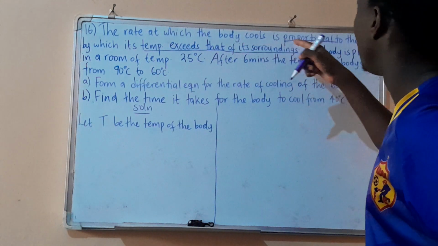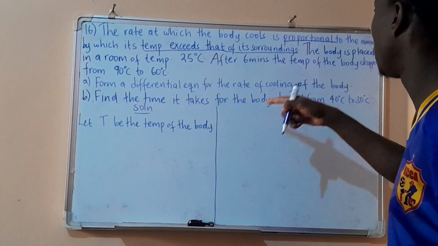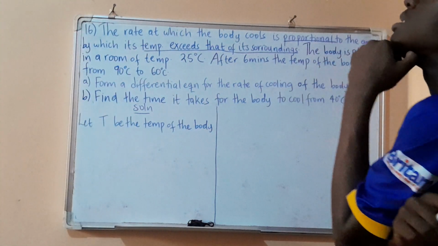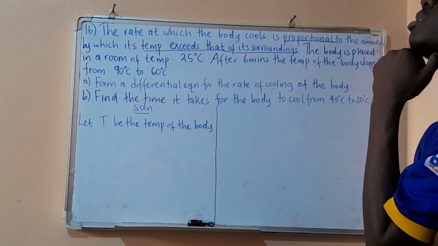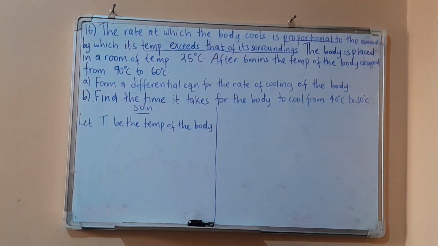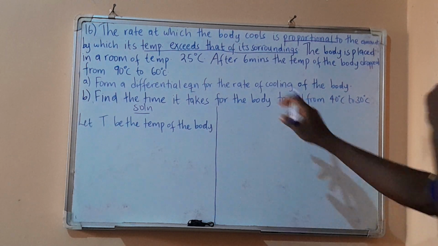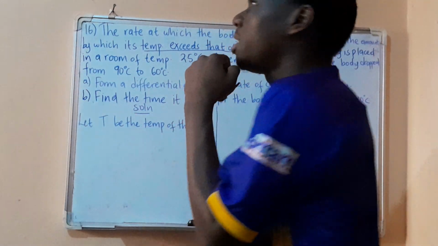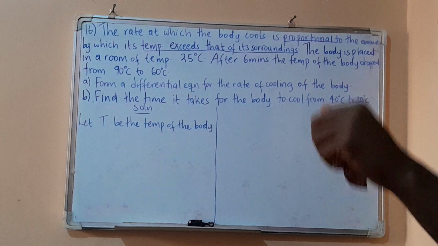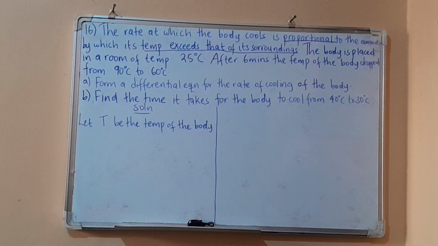So the rate at which the body cools is proportional to the amount by which the temperature of the body exceeds that of the surroundings. The body is placed in a room of temperature 25. So the temperature of the room is actually the surroundings.